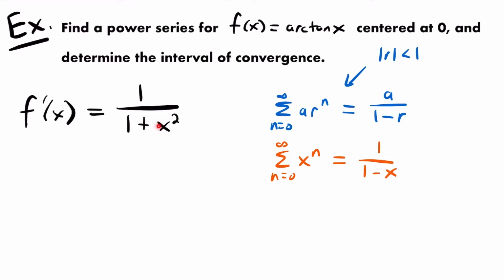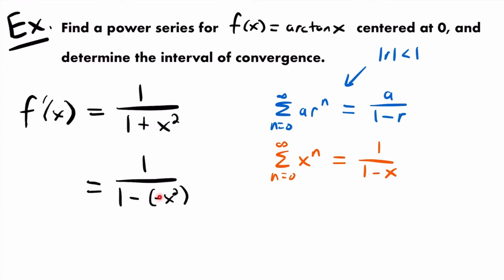And so to get this into this form of a divided by 1 minus r, what we want to do is somehow have 1 minus some common ratio in the denominator. So what we can do to change this plus to be a negative sign is make x squared negative, right? What we can say is that this is equal to 1 divided by 1 minus negative x squared, right?